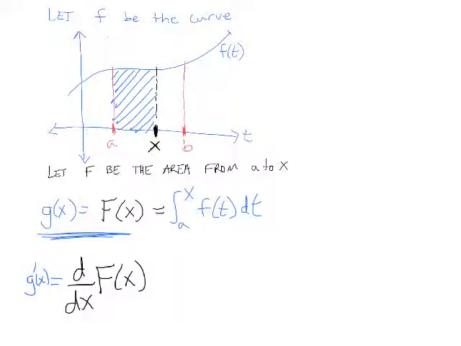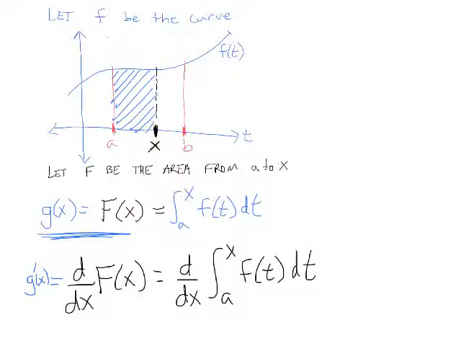We take the derivative of the left and right sides, so we take the derivative of the integral from a to x of f of t dt. We want to evaluate what the derivative of this integral is.